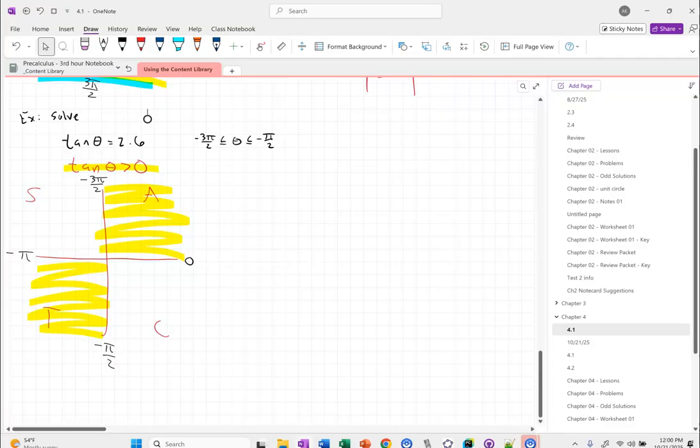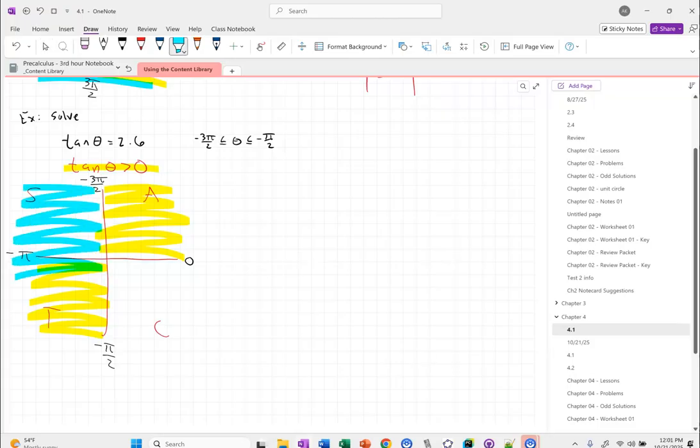Why is it negative pi over 2? Because it's negative. We're going clockwise because they're negative angles, right? What a bummer. So negative 3 pi over 2 to negative pi over 2 is quadrants 2 and 3.